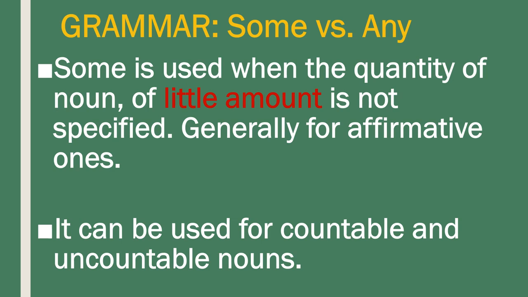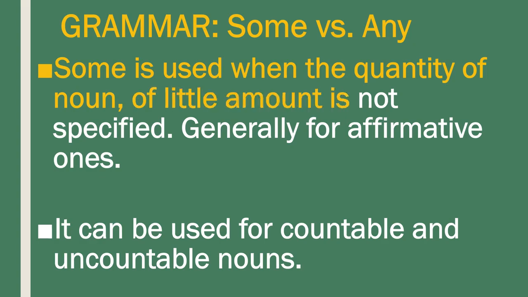Listen carefully. Some is used when the quantity of a noun, a little amount, is not specified, generally for affirmative sentences. So what do we mean by affirmative? They are positive sentences, okay?